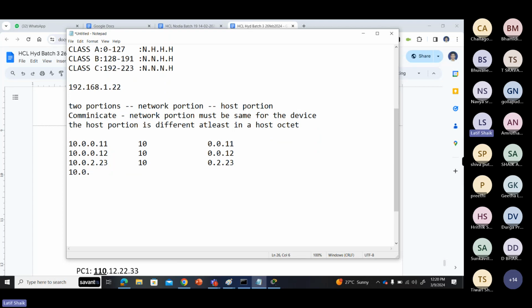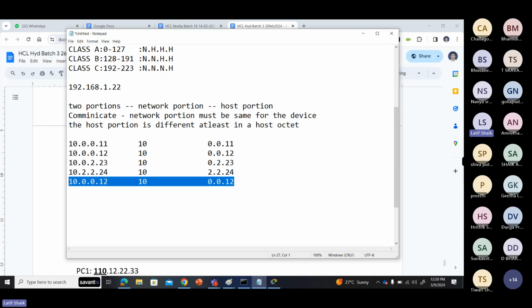But it must not be the same always. Must not be the same means you cannot assign like this. These two are having a conflict.